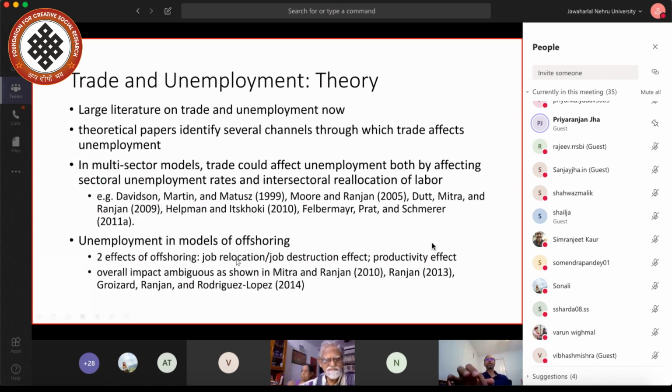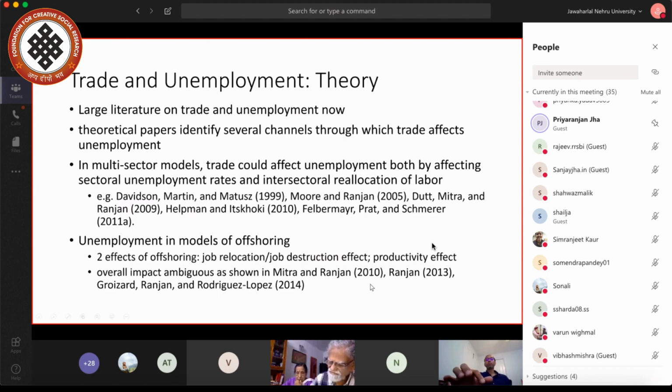So you're closing the part of your production which was producing steering wheels, and now those workers have to be laid off or employed in something different. So that is the job reallocation effect or job destruction effect. You've destroyed the jobs of workers who were producing steering wheels in your Detroit factory.